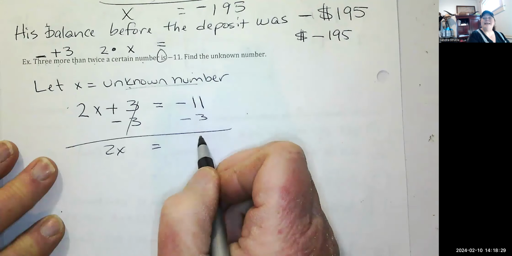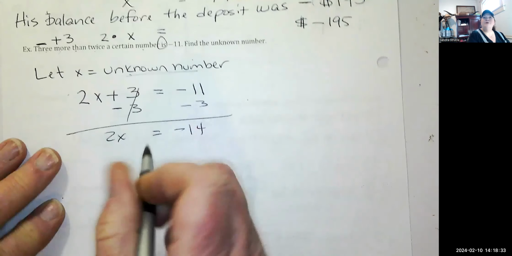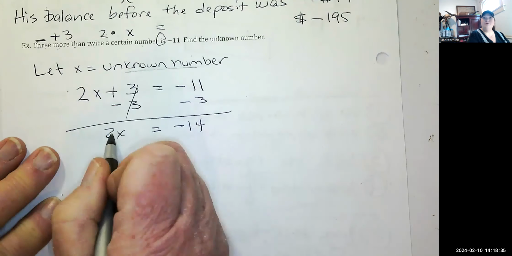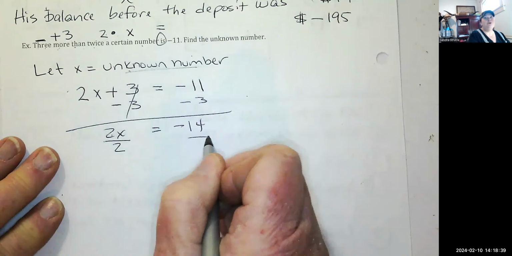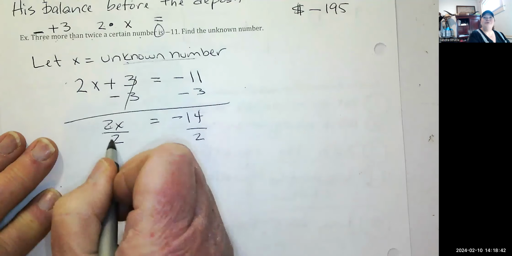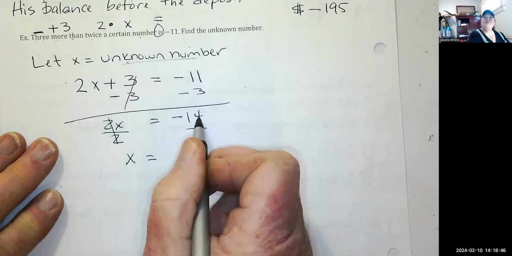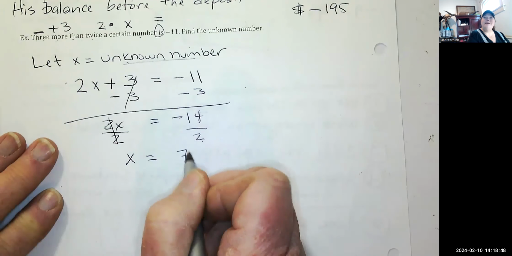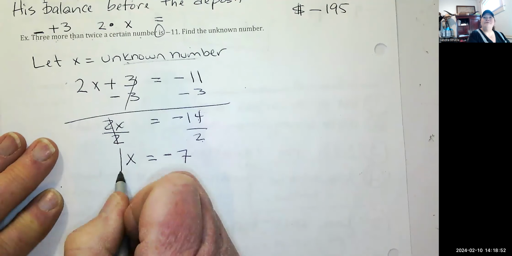The signs are the same, so we add them and keep the sign. Who's attached to x and how? 2 by multiplication. The opposite of multiplication is division. What we do to one side, we do to the other. 2 divided by 2 is 1. So now it's just x is equal to 14 divided by 2 is 7. A negative and a positive, the signs are different, so it's a negative.